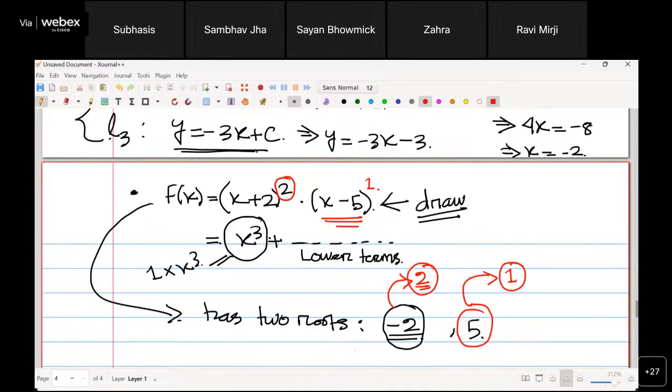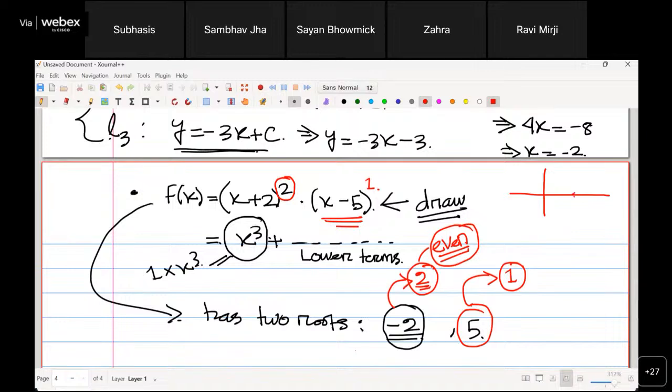If the multiplicity is even, something like 0, 2, 4, 6, 8, then the graph will bounce back.